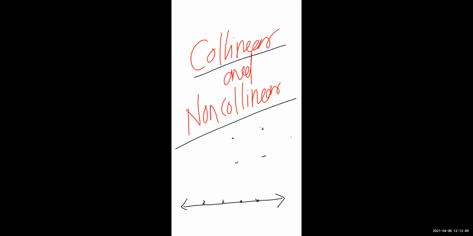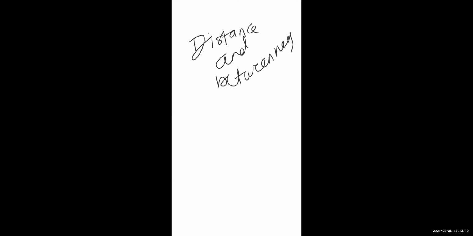If they are not on the same line, then we call it non-collinear. Now the next point is about distance and betweenness.